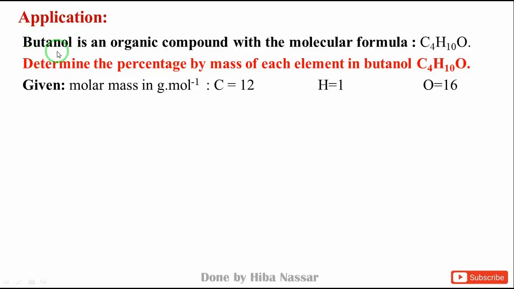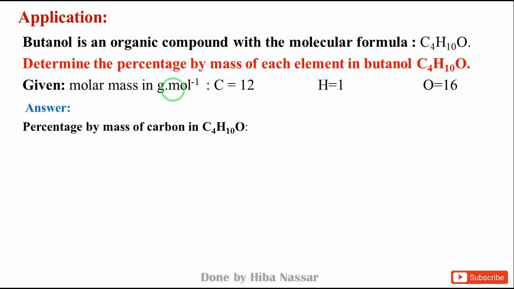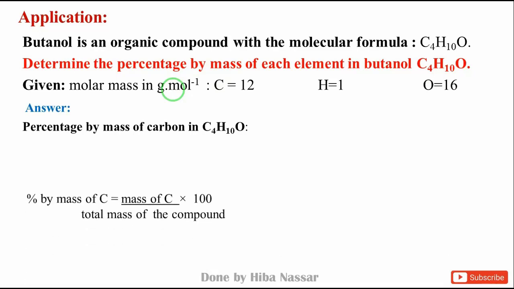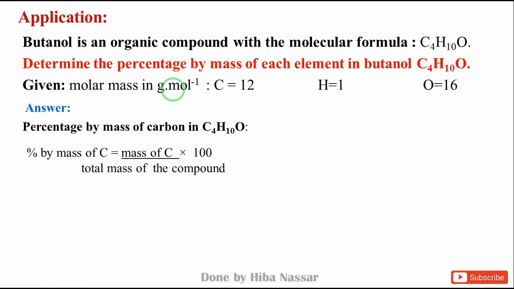Given for you, butanol is an organic compound with the molecular formula C4H10O. If you are asked to determine the percentage by mass of each element in butanol, and given for you the molar masses for carbon, hydrogen and oxygen in gram per mole, to determine the percentage by mass of carbon in C4H10O, we will use the following formula.